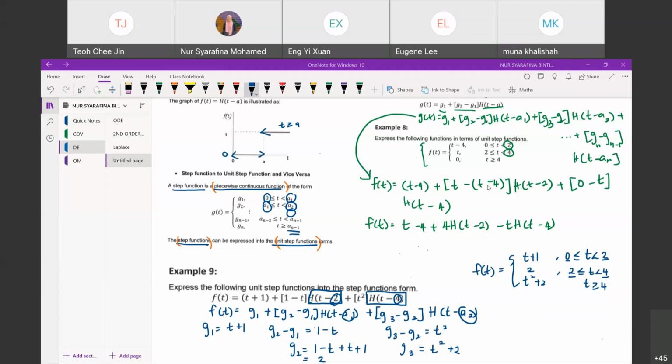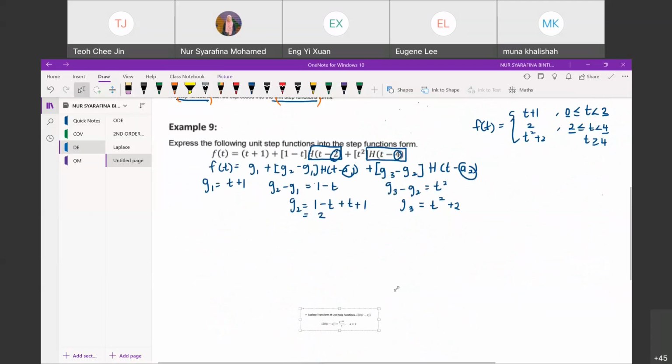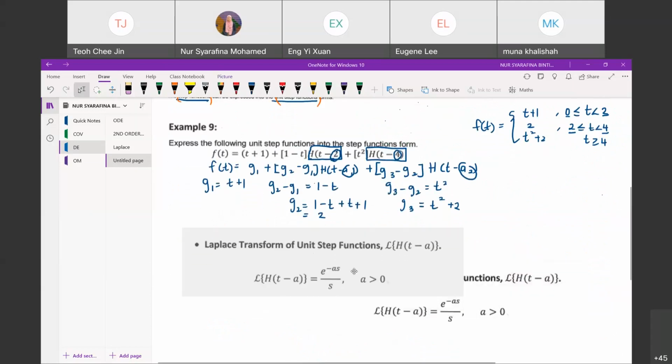Okay. So now you know what is unit step function. Then we can learn how to transform a unit step function. Transforming a unit step function H(t minus a) will give you e to the power of minus as over s. All right? Okay, so now let's prove this.